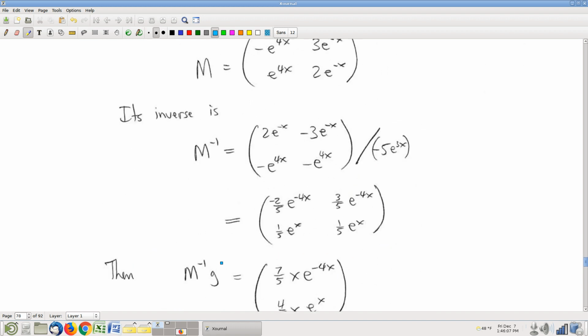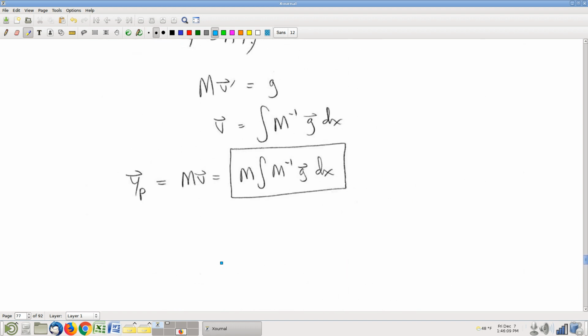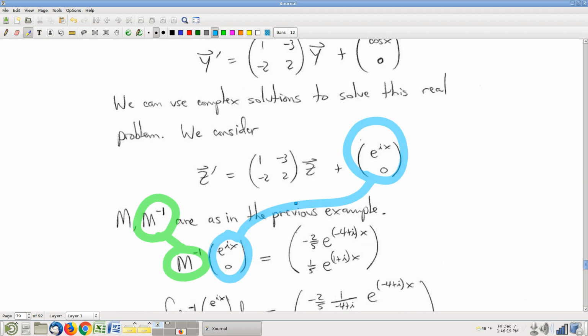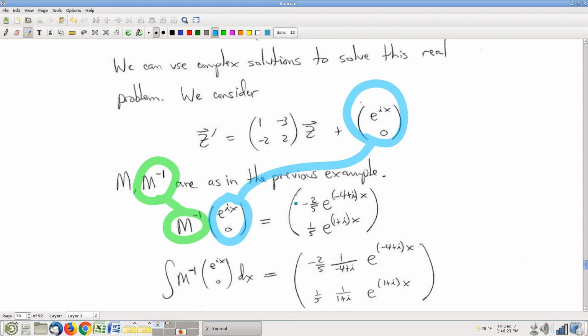Well, back to the equation. M inverse G, you take an antiderivative of it. And here's where you're going to see the benefits of passing to the complex equation, and that is taking the antiderivative of M inverse G. Again, look at what we've got inside of our integral.